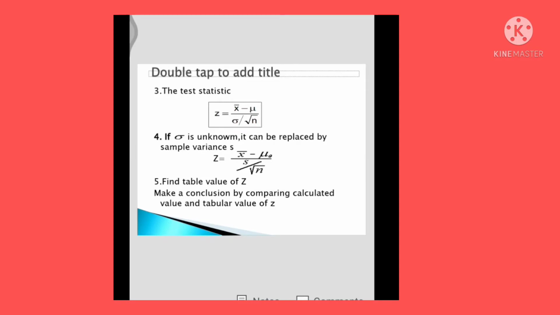And the fourth point, if sigma is unknown, when the population standard deviation is unknown, it can be replaced by the sample standard deviation S. Then the formula is Z equal to x bar minus mu naught divided by S by under root of n.